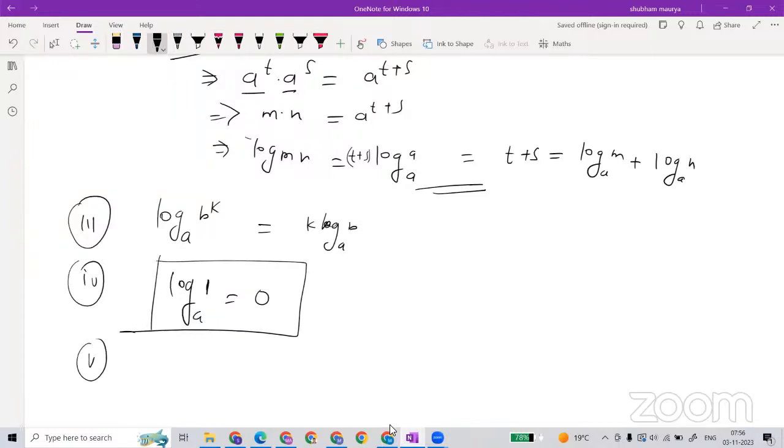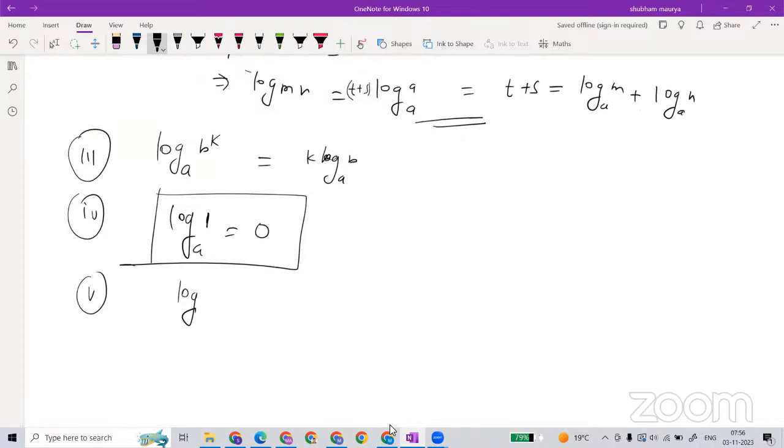And one thing I will add from my side is the base change formula. If it is log of a with base b, this could be written with any base, not even 10, any base you can write here.